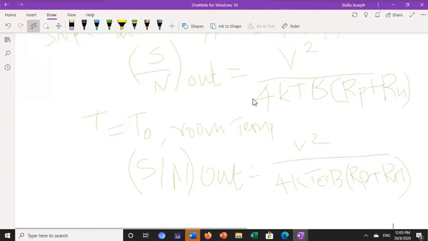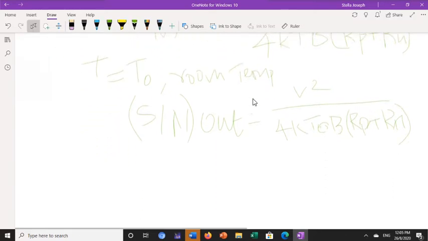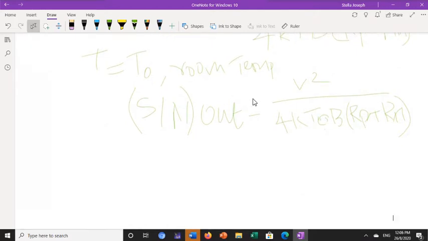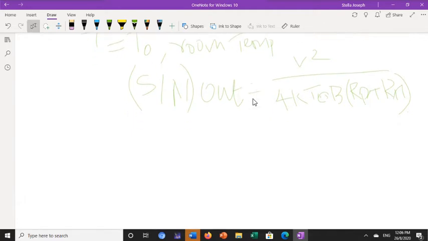It is very difficult to write. Okay. So S by N out is equal to V squared divided by 4K T0 B into Rp plus Rn. If you didn't remember, I'll tell you.